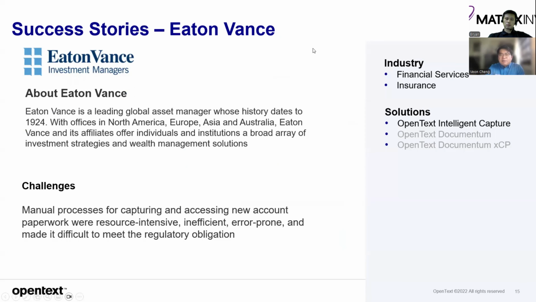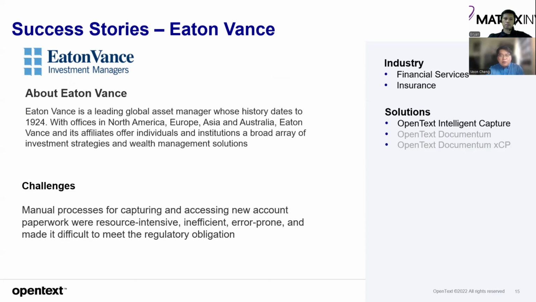Okay, here are some success stories that you can find on our OpenText story website. This company is in financial services and insurance. As you're aware, the challenge they face is more on physical documents, where there are a lot of application forms that they need to manually sort out, then key in the information and check against the supporting documents.